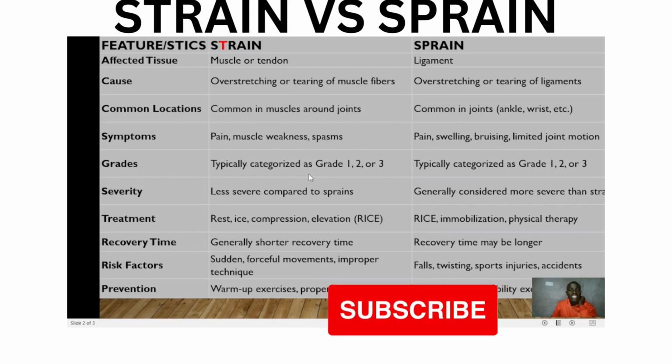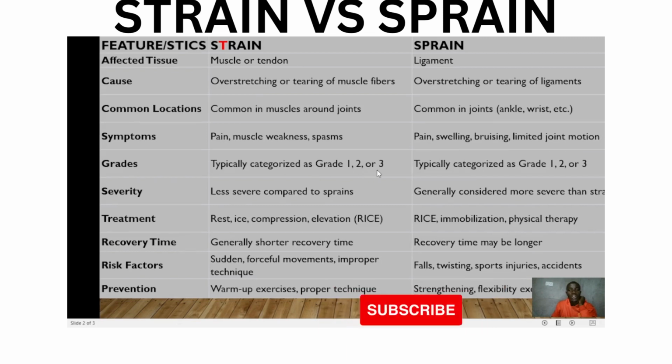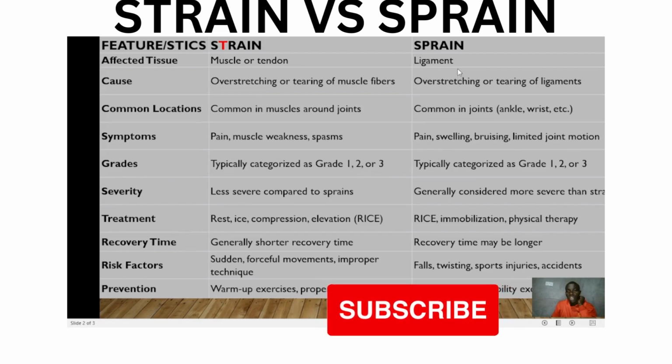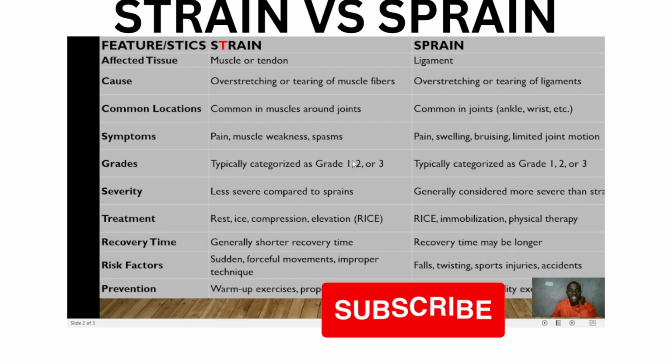Strain can be categorized in grade 1, 2, or 3, whereas the sprain can be categorized also as 1, 2, or 3. So ladies and gentlemen, this is a similarity. In terms of severity, strains are less severe compared to sprains. The sprain generally are considered more severe than the strains.